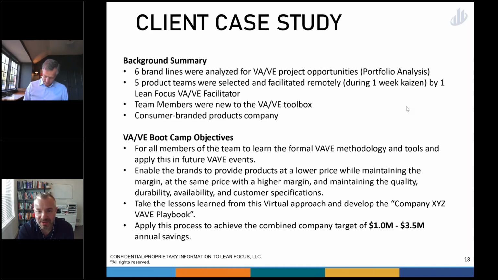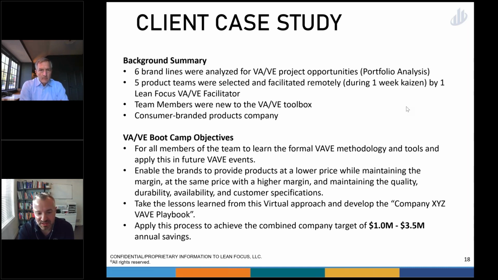And I would also add that everybody on the teams was new to this methodology and this way of thinking. So for the boot camp objectives, of course, we wanted to train the members of the teams in the methodology and tools so that they could apply this in future events that they would house themselves.